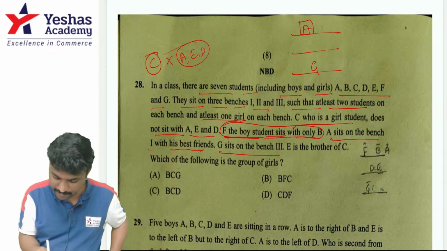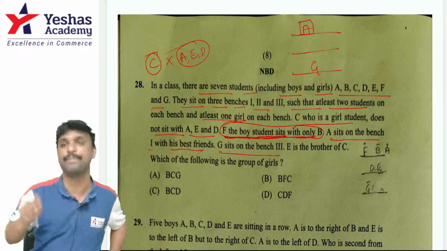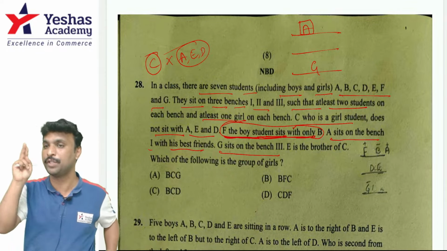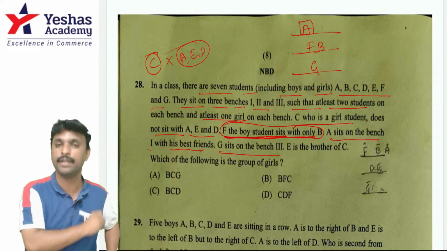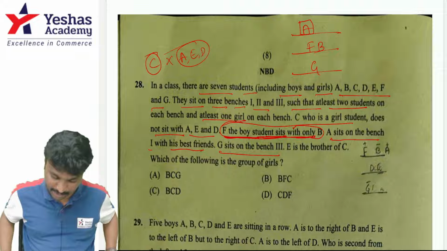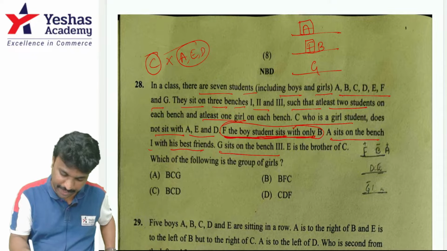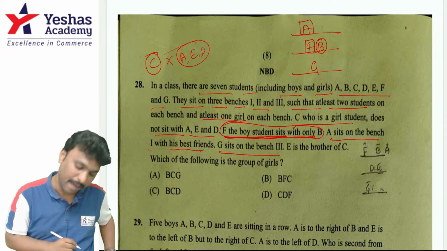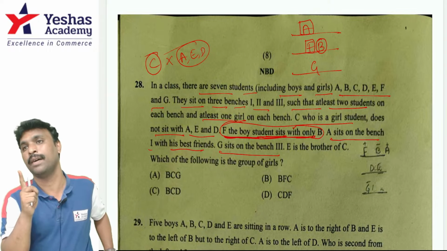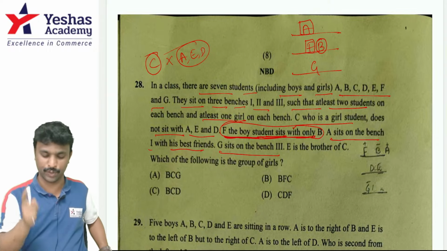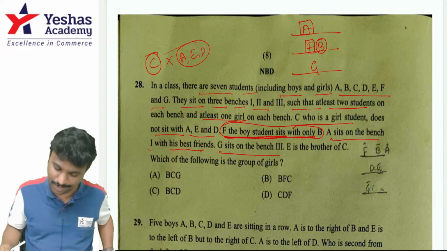They clearly said F is a boy student, sits with only B. That means F and B must sit in one of the benches. That's it. F is a boy student, sits with B. That means B must be a girl student. Why? Because there should be at least one girl on each bench. So if F is a boy, B has to be a girl.